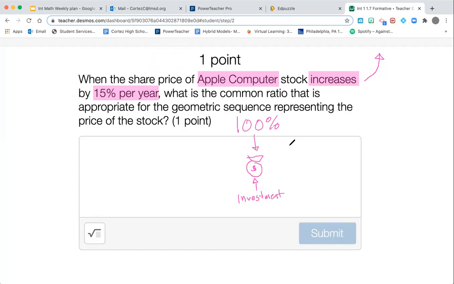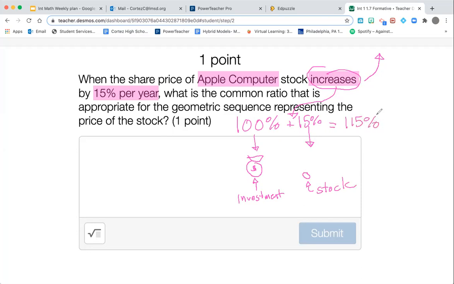And if the stock's going to give us an additional 15%, that's considered a fraction of our money bag, a small corner of the money bag. Since this is increasing, we add these two together. If it was decreasing, we would subtract. But in this case, 100 plus 15% would give us 115%.